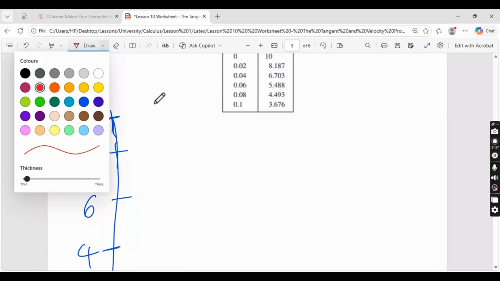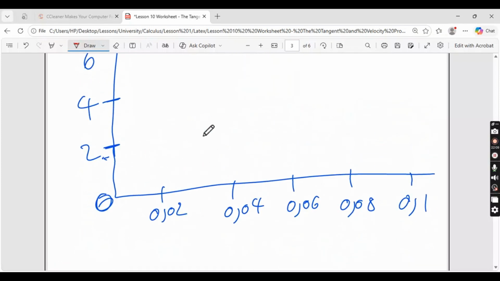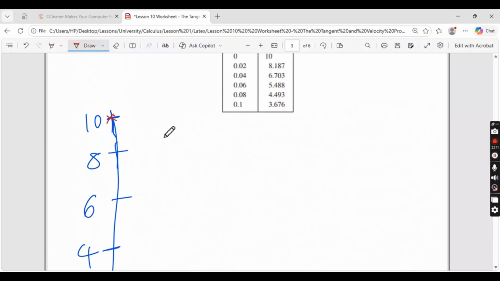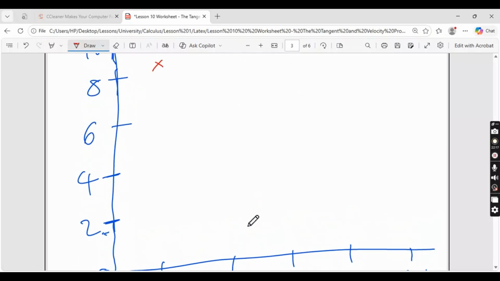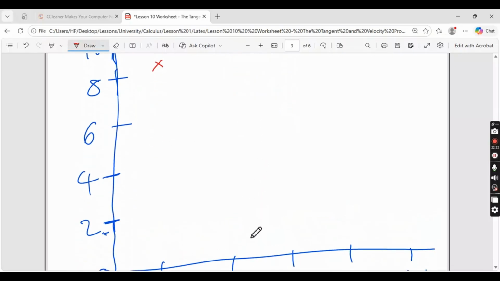Let's use red. I'm going to mark here. 0.02 to 8.187. 0.04 to 6.7.